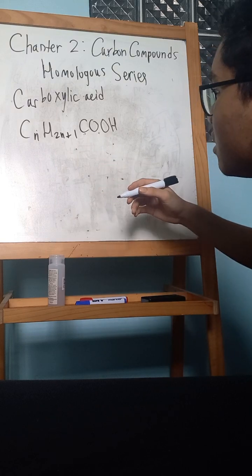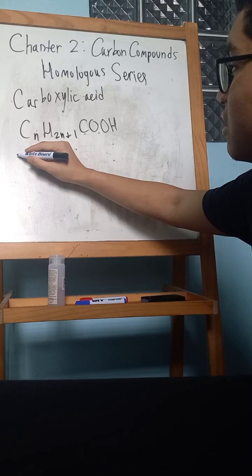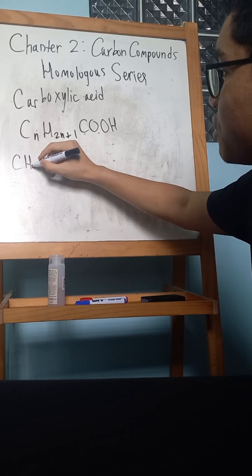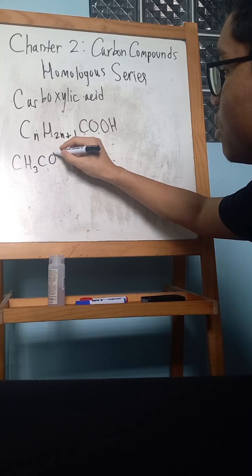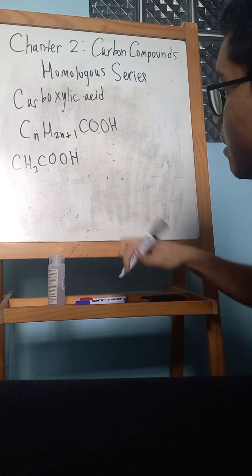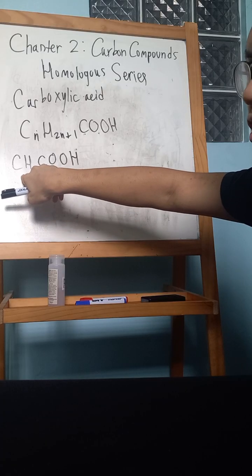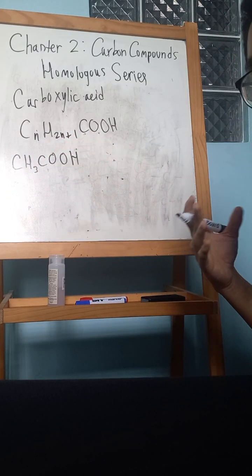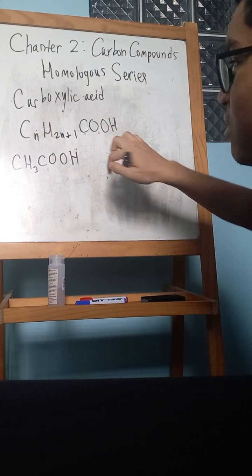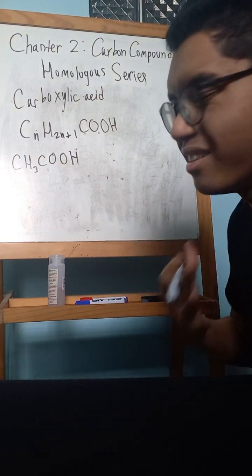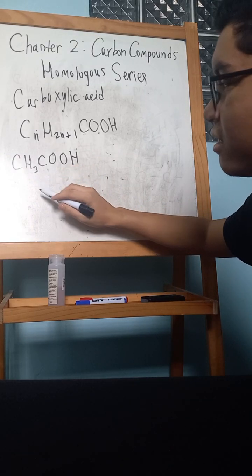What? Okay, so basically CH3COOH. There's 2 carbons here, so technically there's not 1 carbon atom, but since n equals 1, we just sub in 1. You'll get it later. This is called ethanoic acid.